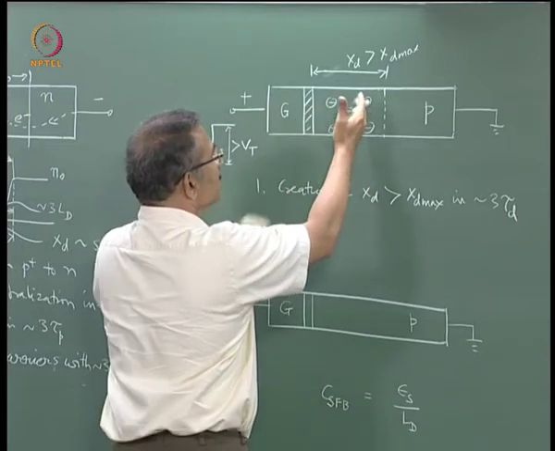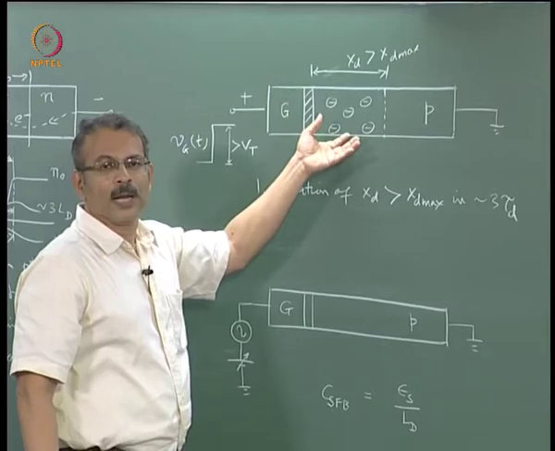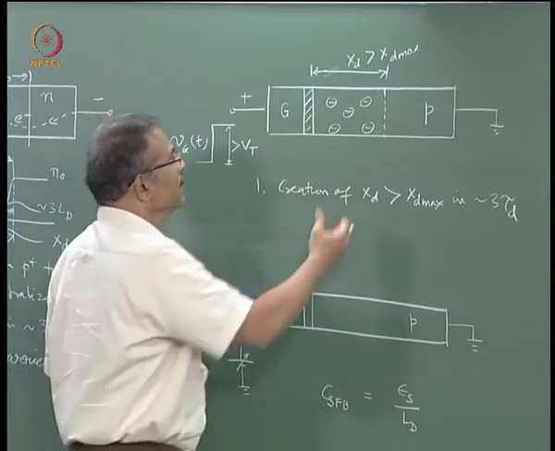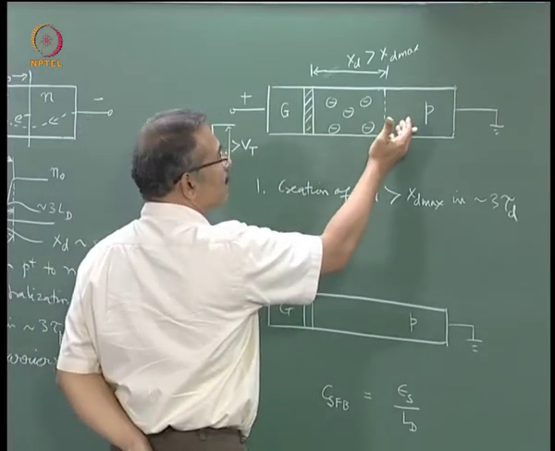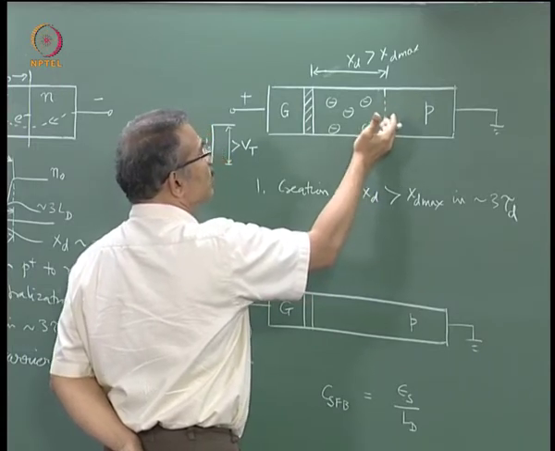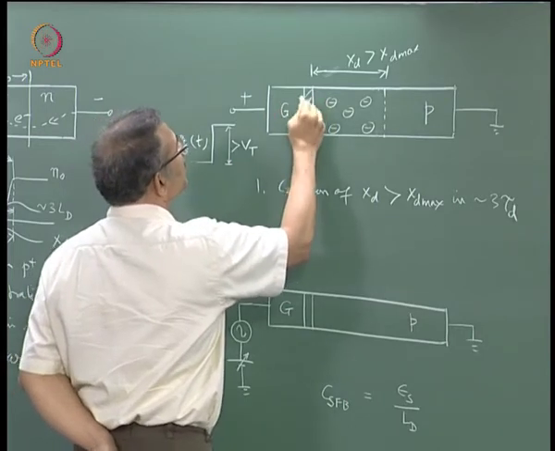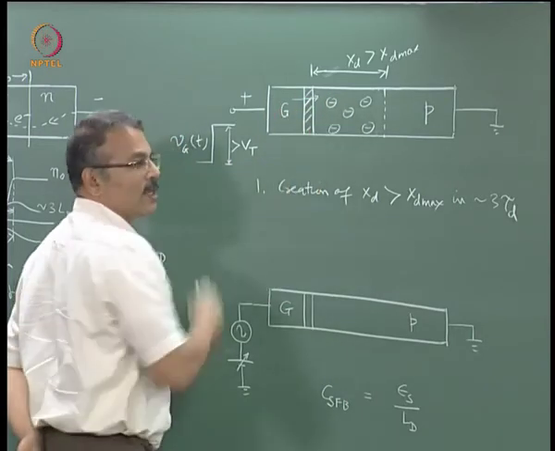Now once this has happened, you have created a depletion layer like this. Inside this, the PN product will become less than Ni square, and electron and hole pairs will be generated. Some electrons will get attracted to the surface because the field is in this direction, it tends to attract electrons.